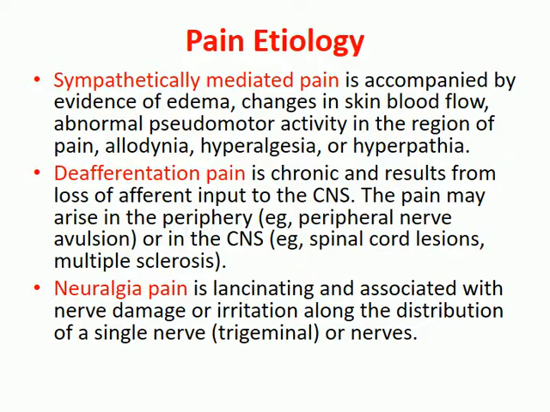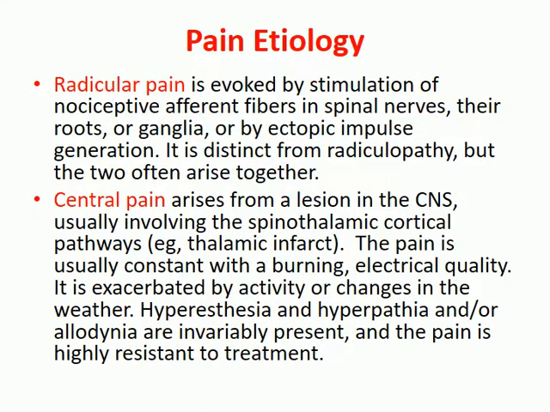Neuralgic pain is lancinating and associated with nerve damage or irritation along the distribution of single nerves or trigeminal nerves. Pain etiology can also be due to radicular pain, which is evoked by stimulation of nociceptive afferent fibers in spinal nerves, their roots and ganglia.